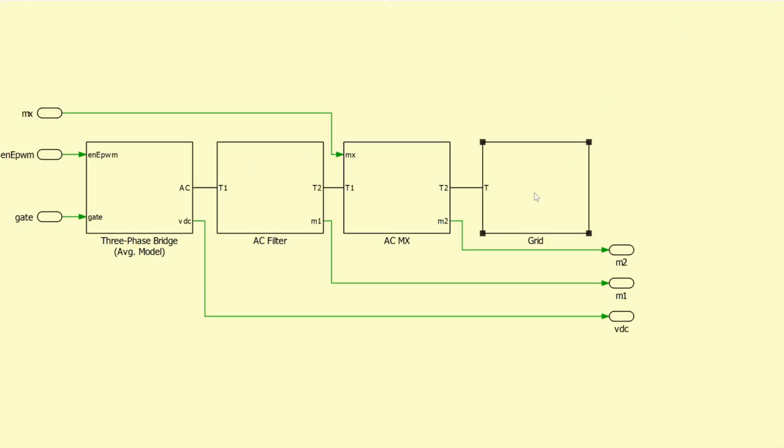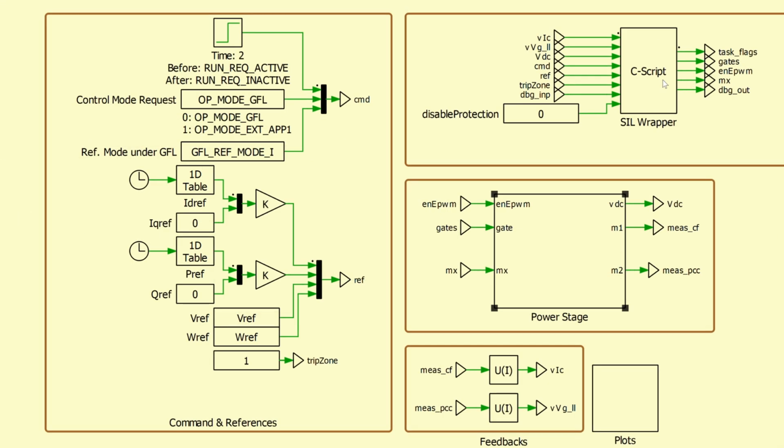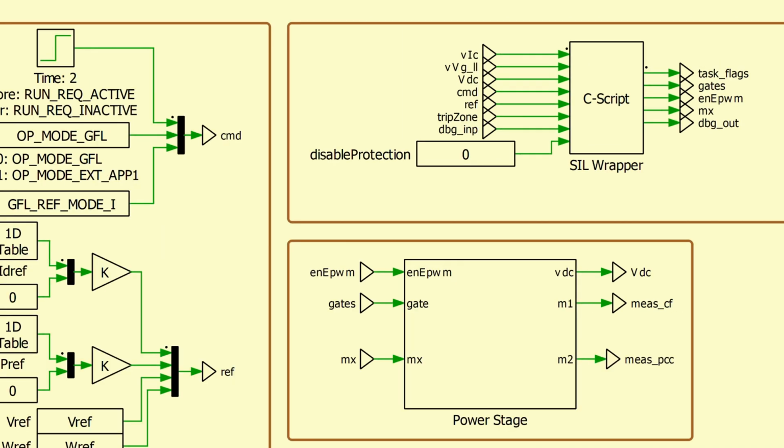All right, coming back to the top level, we see that these measurement signals are being selected through the feedback block as VIC and VGLL and sent to the C script SIL wrapper block. Now we can zoom into the top right box. This is the SIL wrapper, which is a C script block from Plex.